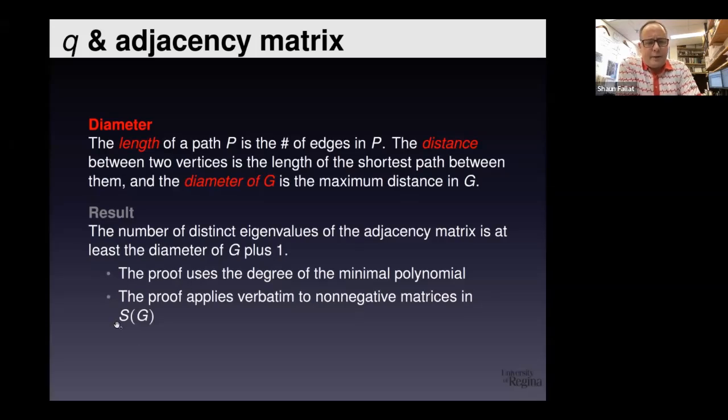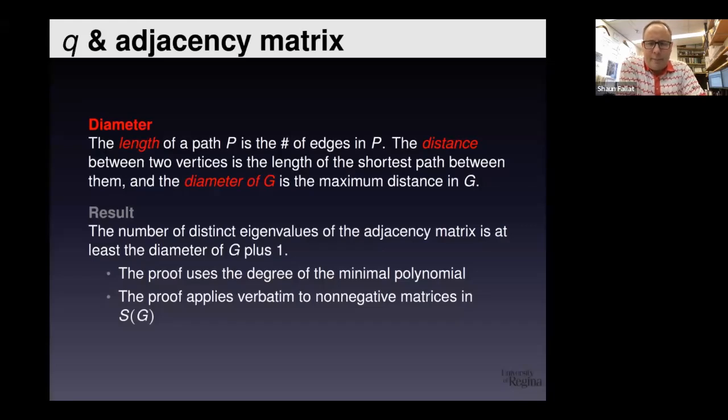I just write a couple of bullets here, not that I need to educate you folks on it, but the proof just uses the degree of the minimal polynomial. And the proof doesn't actually use that the entries are 0 and 1. It uses more about the patterns of not only A, but the powers of A.